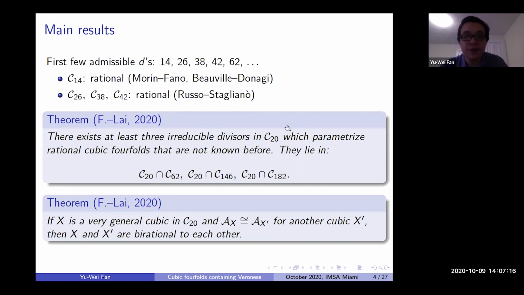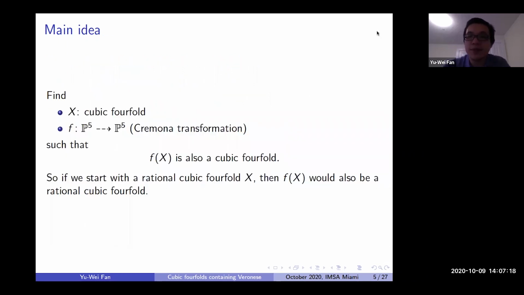So move on to the next slide. The main idea is that we want to find a certain cubic fourfold and a certain birational map from P5 to P5, the Cremona transformation, such that the image of this cubic fourfold under the Cremona transformation is still a cubic fourfold.